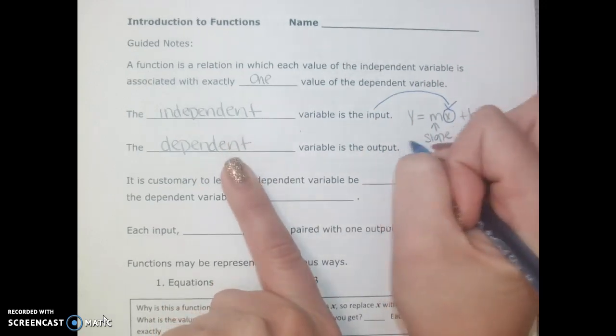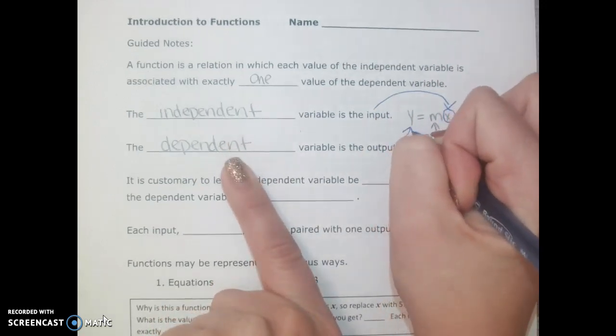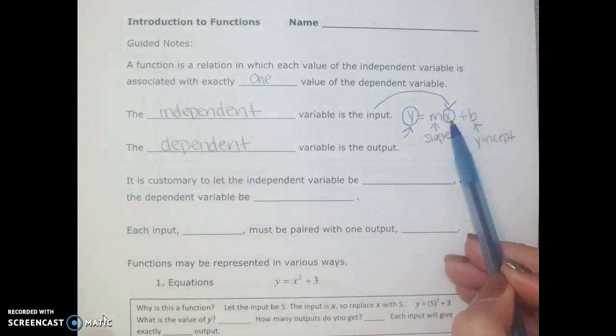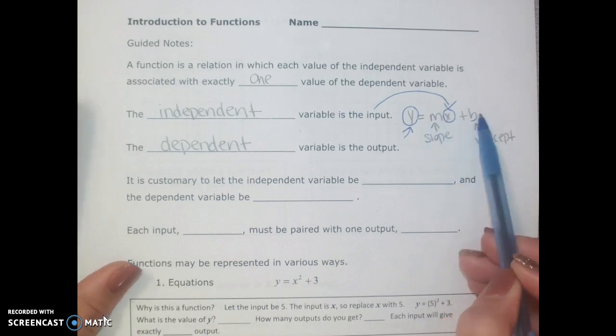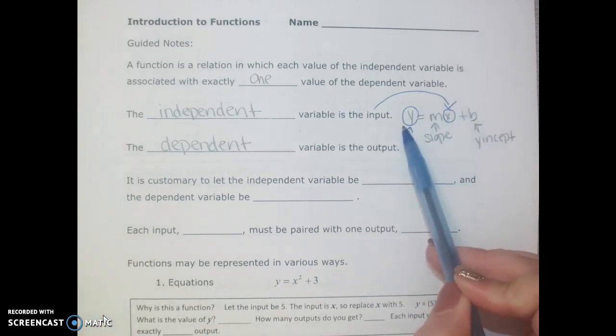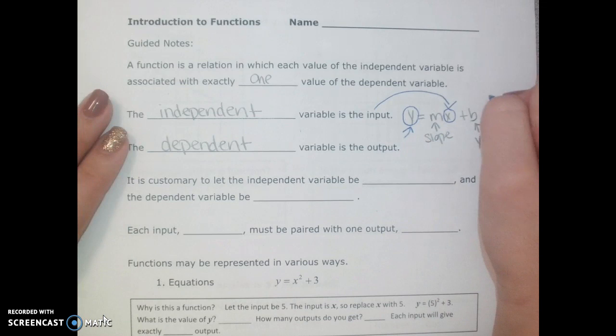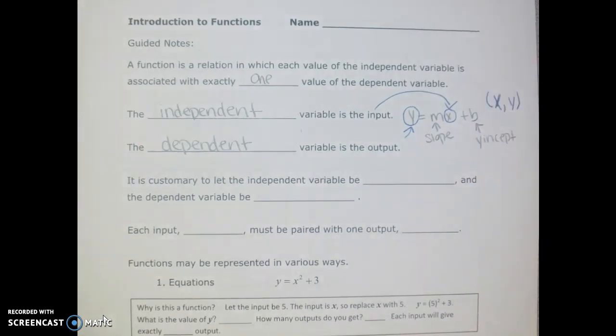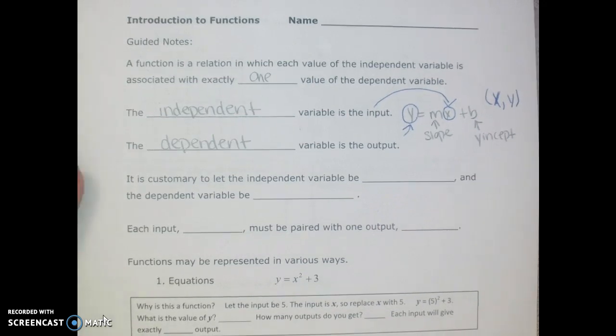And your dependent variable is your output, it's what the equation is equaling. So once you put x in, you take your slope times x plus your y-intercept, and your output will be your y value. This will also give you an x and a y to plot on a coordinate plane. So that's where we're going with this lesson.